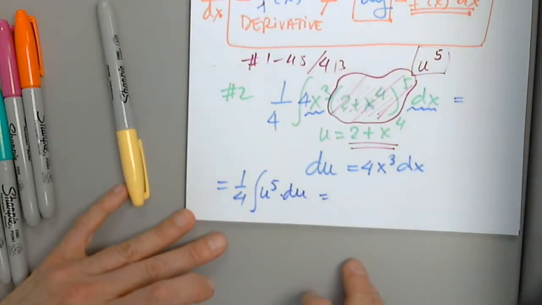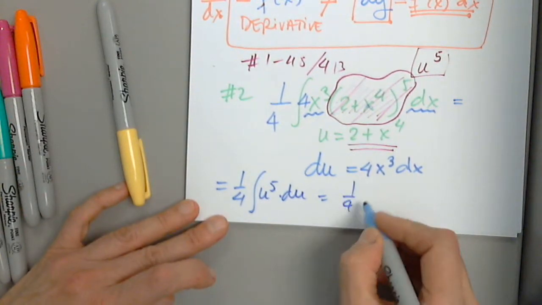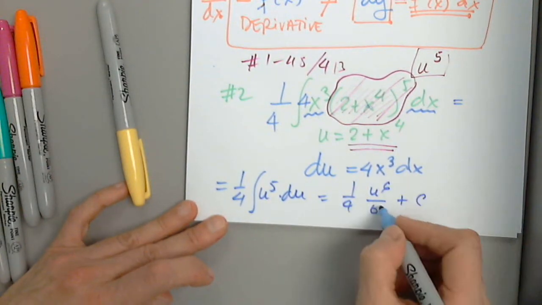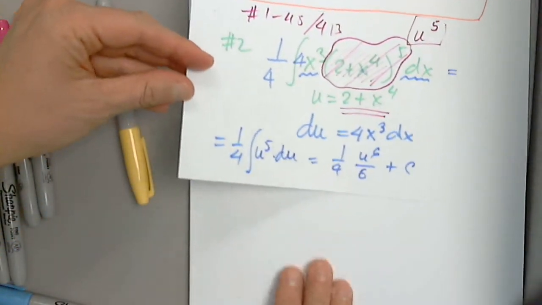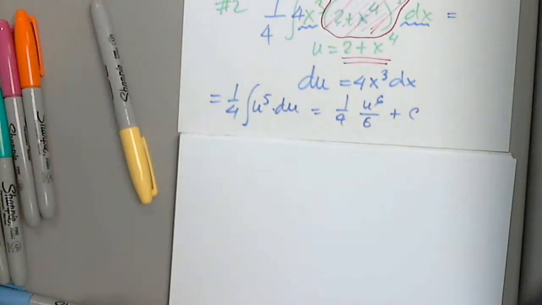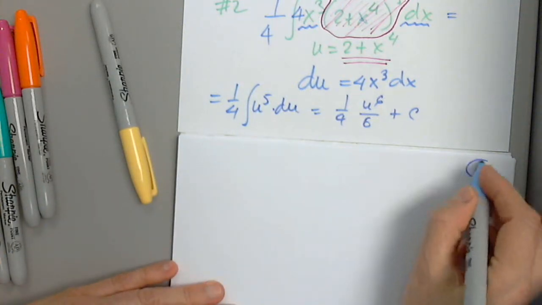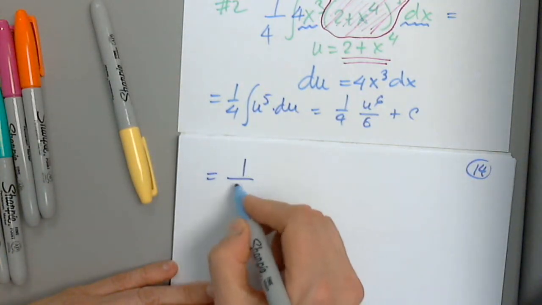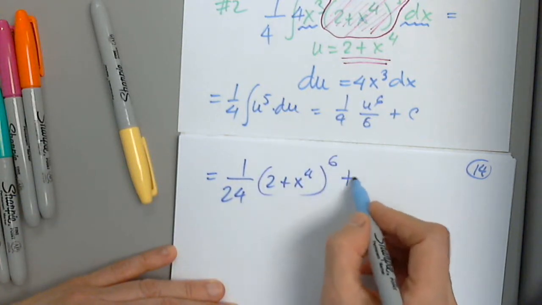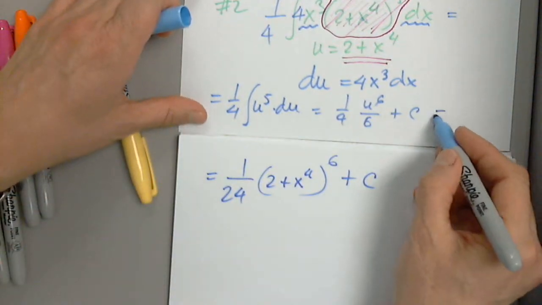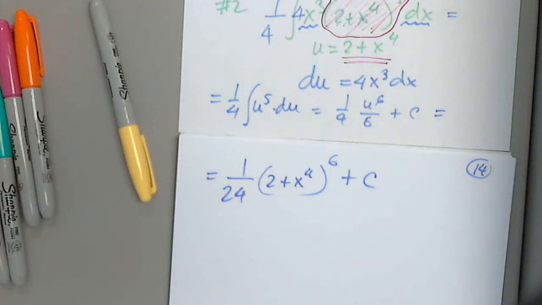And I'm done, which is 1/4 u to the 6th over 6 plus a constant c. Yes, for indefinite integrals, I have to go back to the variable that was given to us. So I have to write the answer as 1/24, 2 plus x to the 4th, everything to the 6th, plus a constant c. With indefinite integrals, I have no choice. I have to go back and present the final answer using the given variable.